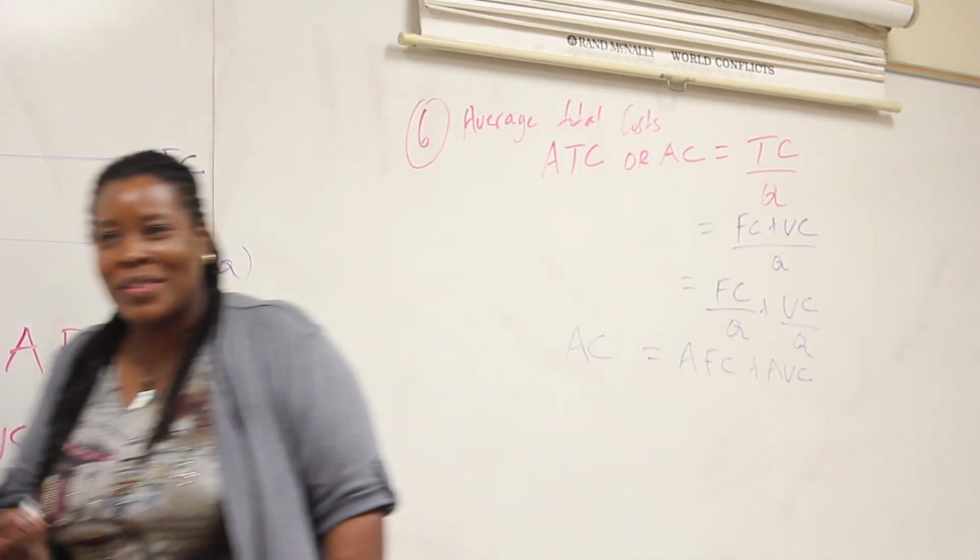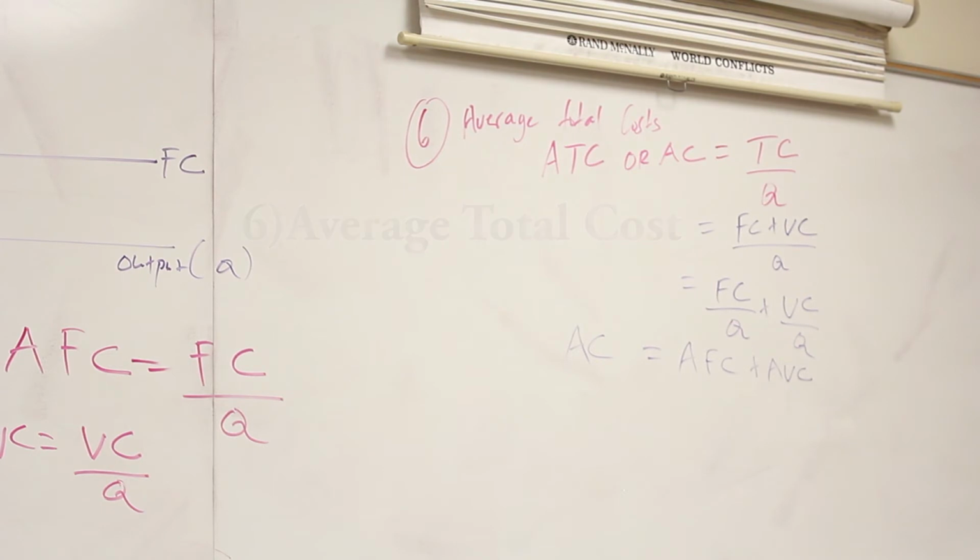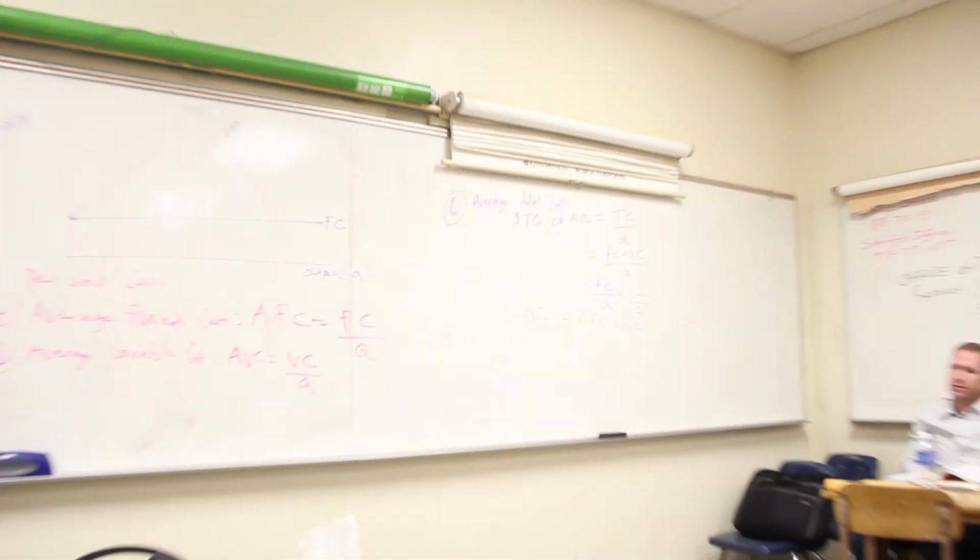It's just algebra. So we know total cost is fixed cost plus variable cost. We just simplify. So average total cost is the same as average fixed cost plus average variable cost. Okay? One more definition and then we graph them out.